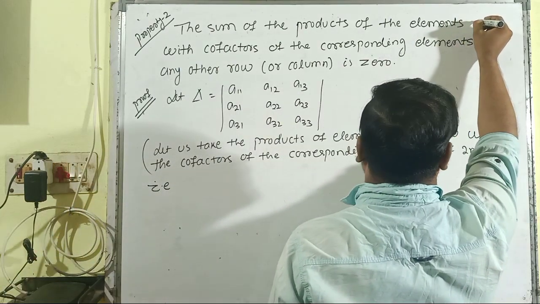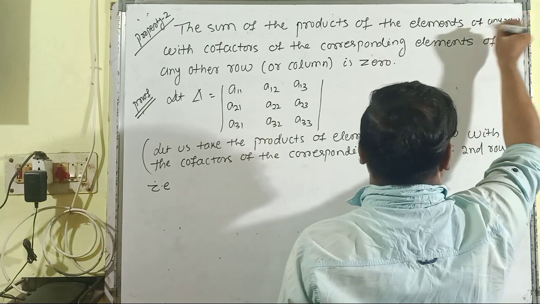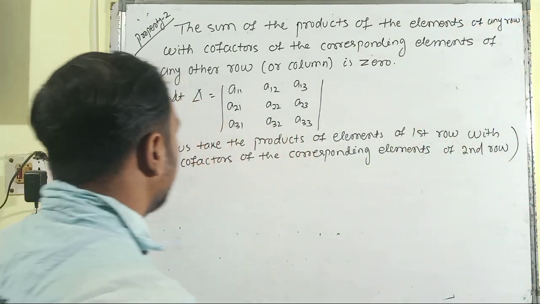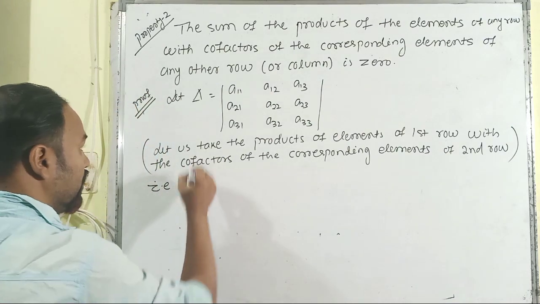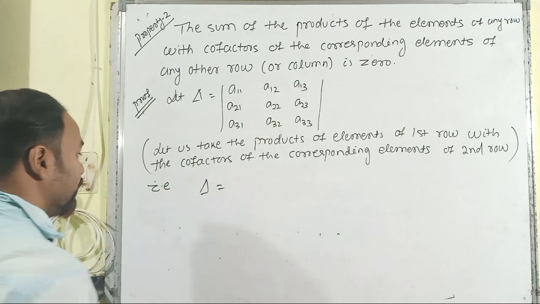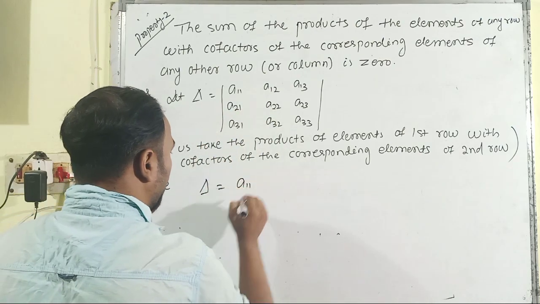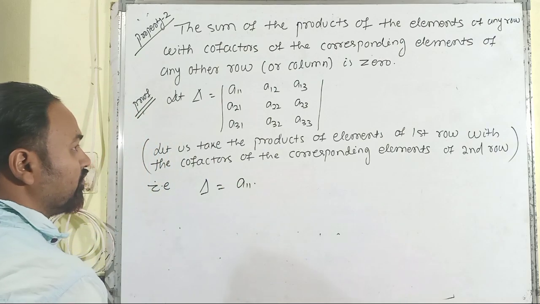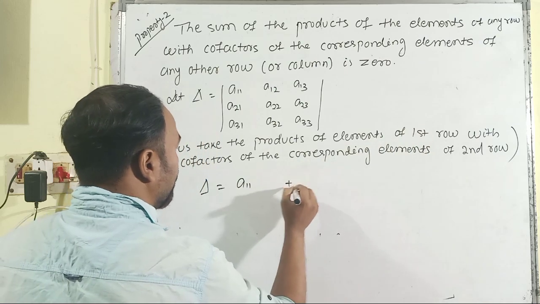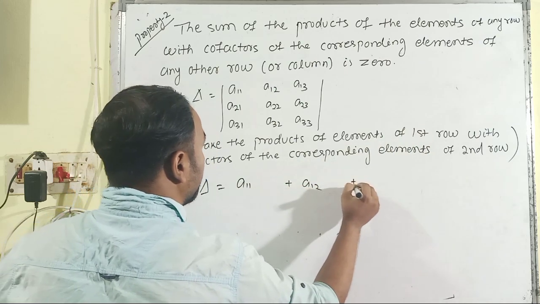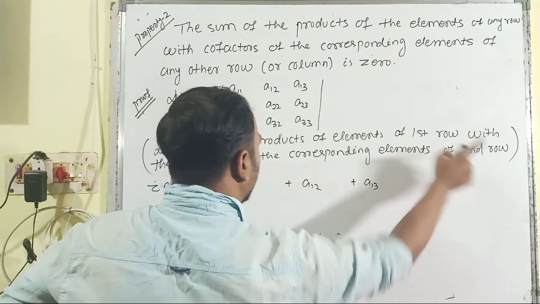Of any row, here we can prove it. Suppose we take the products of the elements of the first row, that means A11, A12, A13, and we multiply the cofactors of the corresponding elements of the second row.